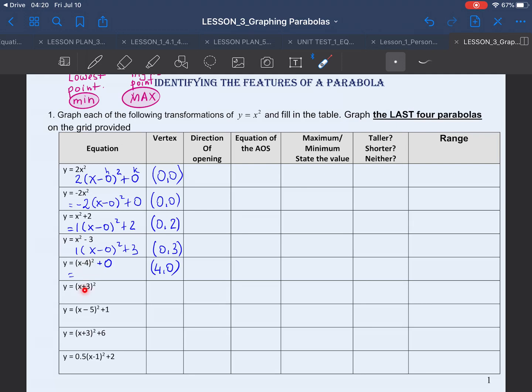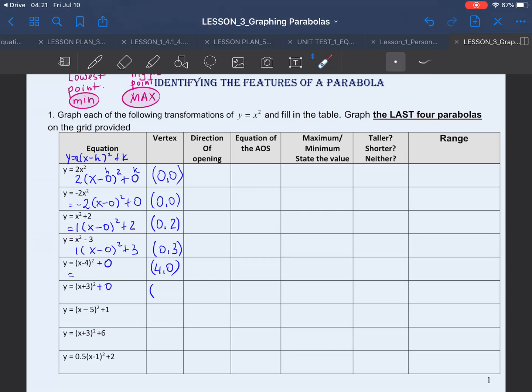Again, remember when we have a minus, the h is positive. When you have a plus, the h is negative, right? And why is that? Because the equation is (x minus h) squared plus k. So this minus in here is this minus in here as well. So that makes h positive.